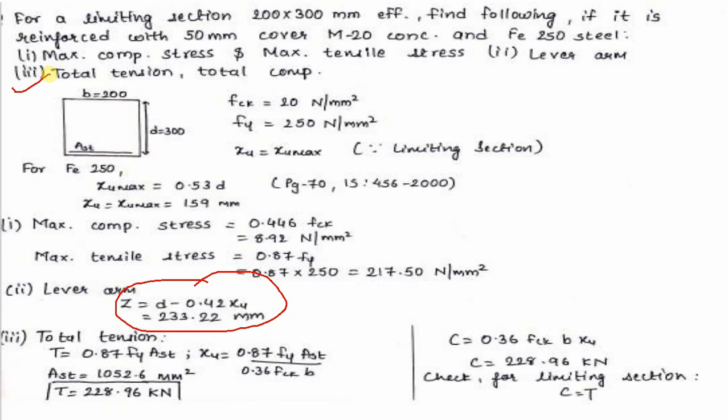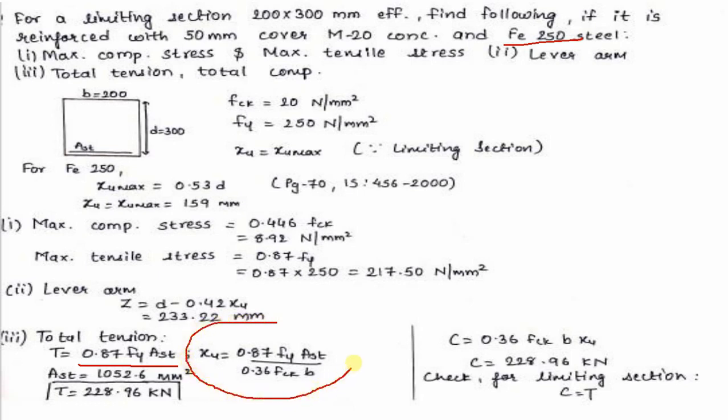Total tension, that means tension force. Tension force is 0.87 Fy AST. Fy is given in the question as 250, but AST is unknown. So the first thing that we need to do is to find AST, and as we have seen in the previous numerical, to find AST we will be using the equation of depth of neutral axis from page 96.